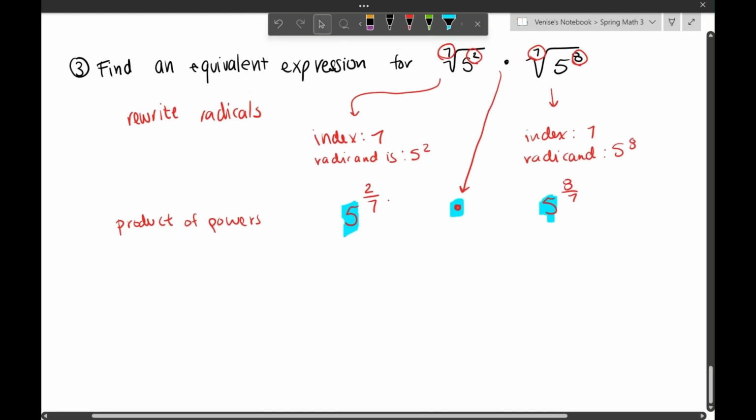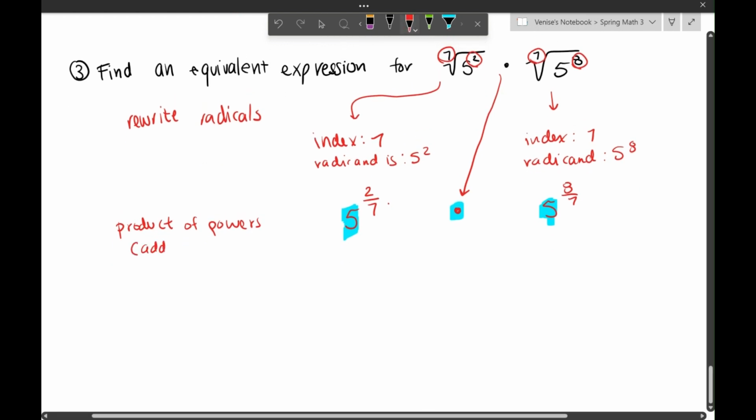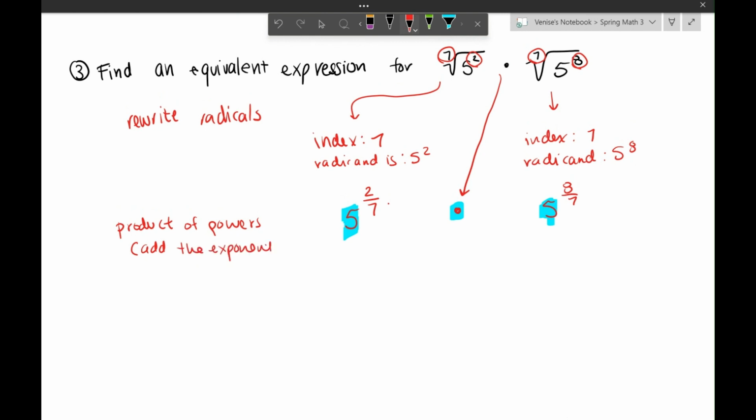Product of powers, which tells me I will add the exponents. Okay, so let's bring it down here. Now we have, so this whole thing over here is equal to 5 to the power of 2 over 7 plus 8 over 7.